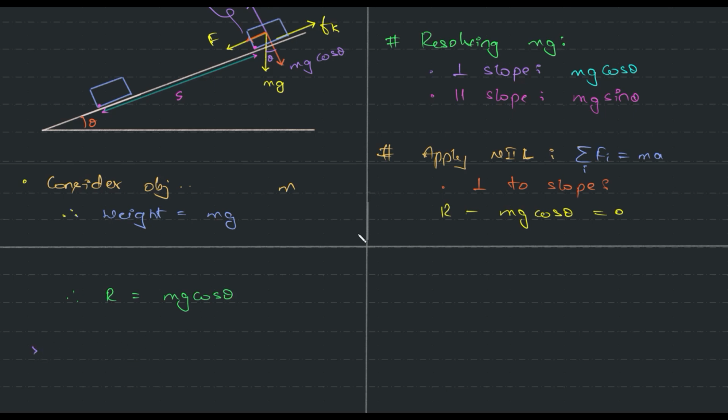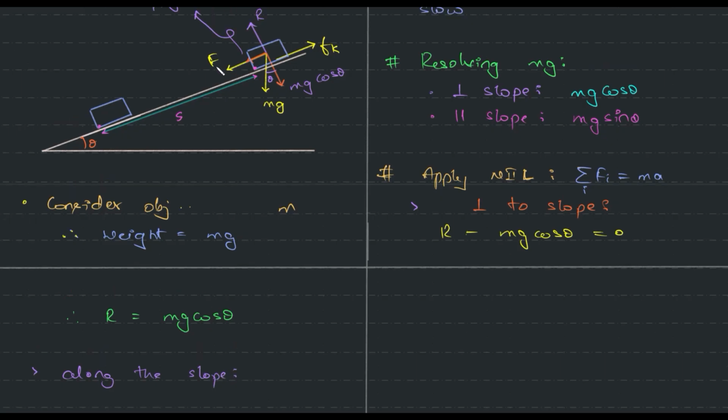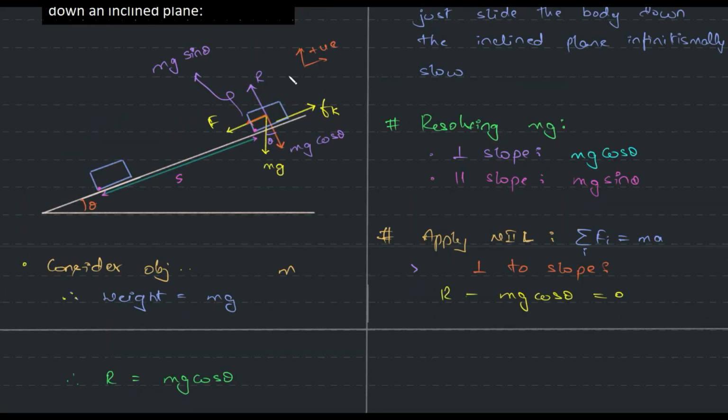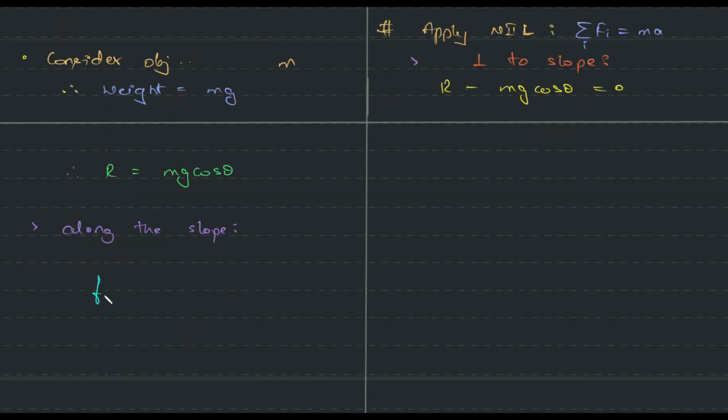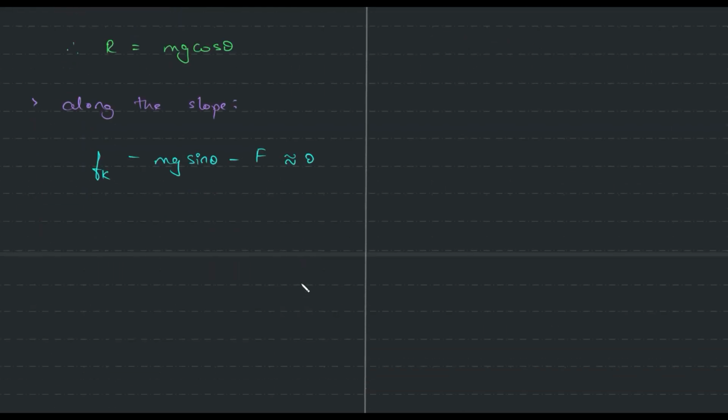And then we have along the slope. So along the slope we have f negative, then we have considered right as positive. So this f is negative and this is negative and this is positive. So fk minus mg sine theta, and also your force. All of this is approximately equal to 0.